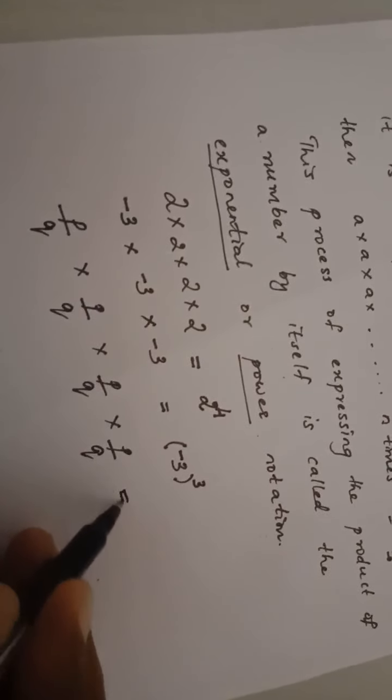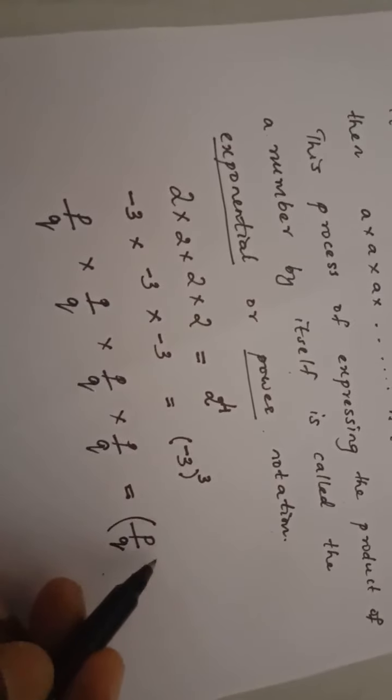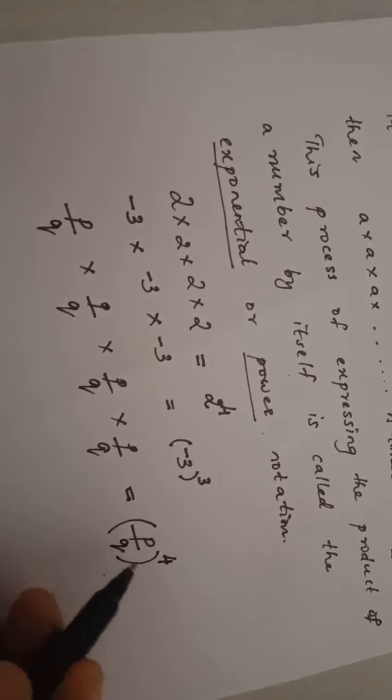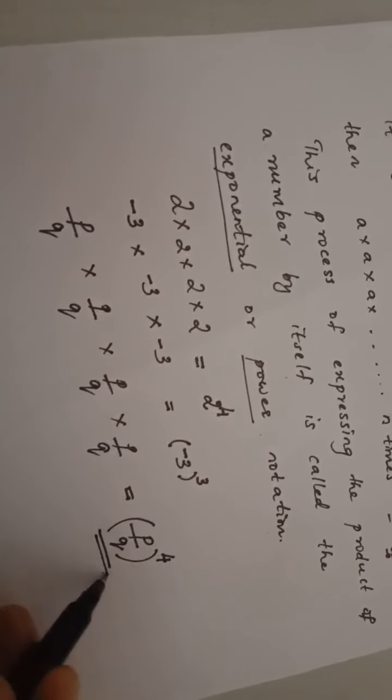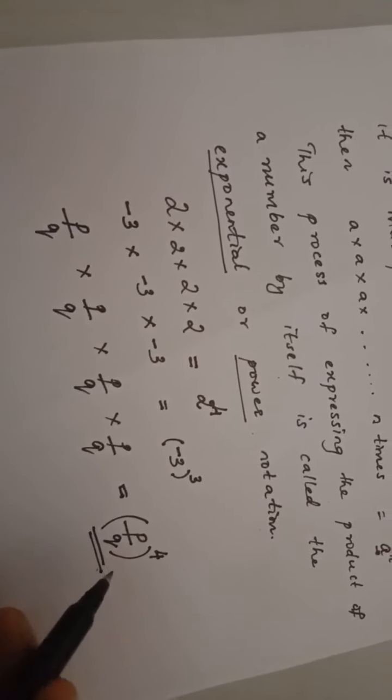Here p upon q is a rational number that is multiplied 4 times. So we can write it as p upon q the whole power 4. This is known as the exponential or power notation or index form.